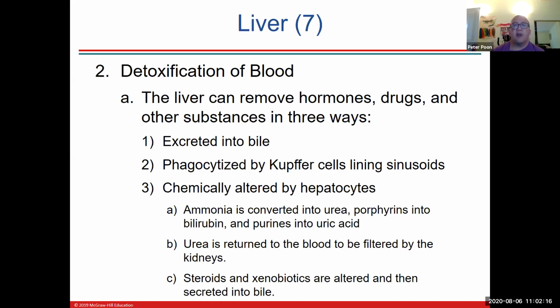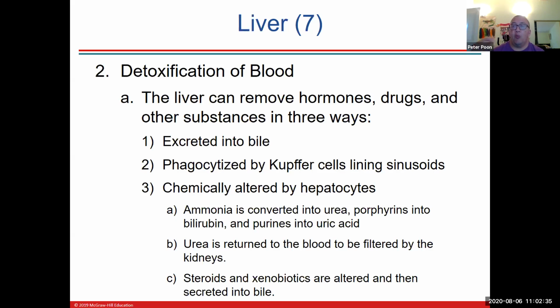All right, the liver can remove hormones, drugs, substances in three ways. One is excreted in bile, that is not helped by Kupffer cells, and then chemically altered by hepatocytes. One of the most important things is it gets rid of ammonia.